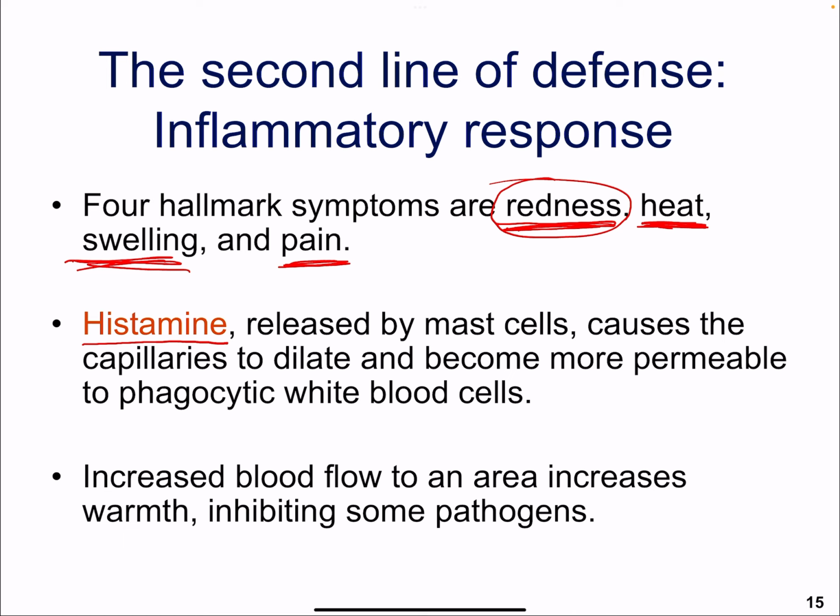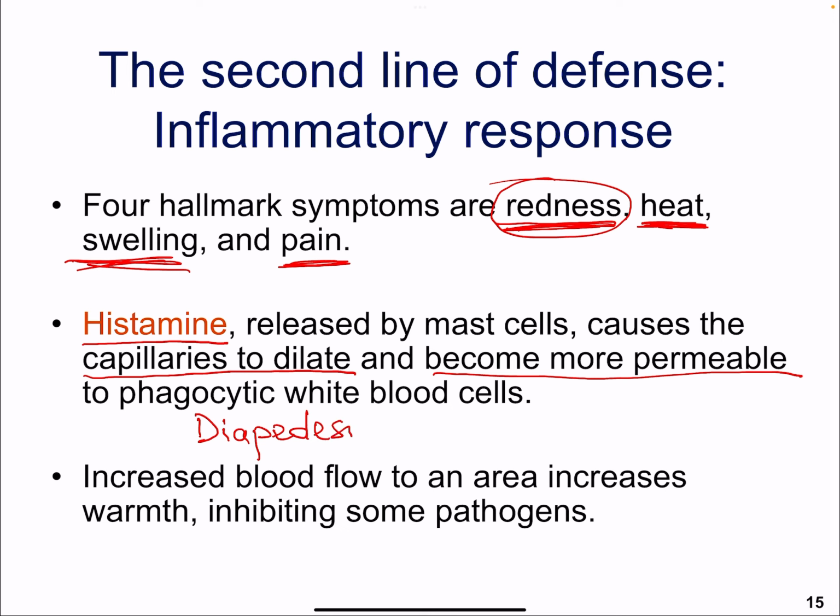As histamine is released, this is going to lead to vasodilation. That vasodilation causes the capillaries to dilate. And as the capillaries dilate, they become more permeable, which is going to allow monocytes to squeeze between cells. And again, we call this diapedesis.